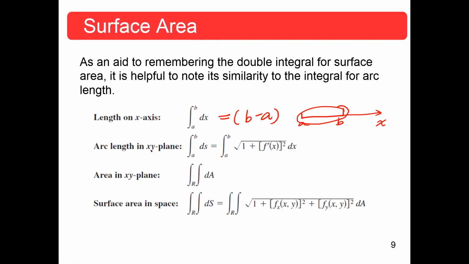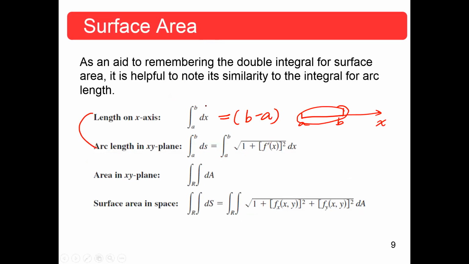For the arc length in xy, you probably learned this formula in parametric equations. The integral from A to B of ds, the formula will be the integral from A to B of the root of 1 plus the derivative of x squared dx. So that's the arc length, talking about the length.